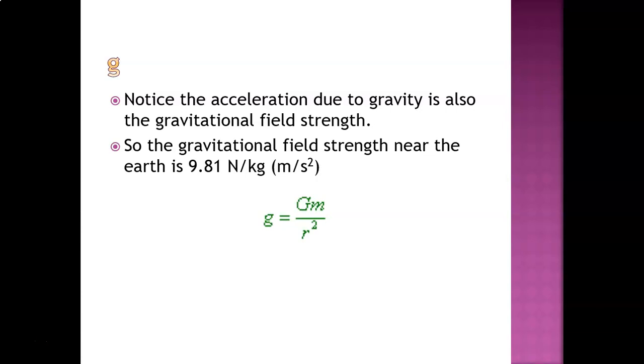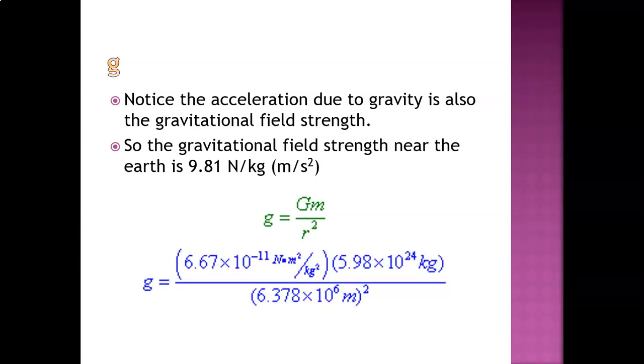Well, let's calculate that out. g is equal to GM over r squared. And what we're going to do is use Newton's gravitational constant, mass of the Earth, radius of the Earth. And when you calculate that out, you do in fact get 9.81.